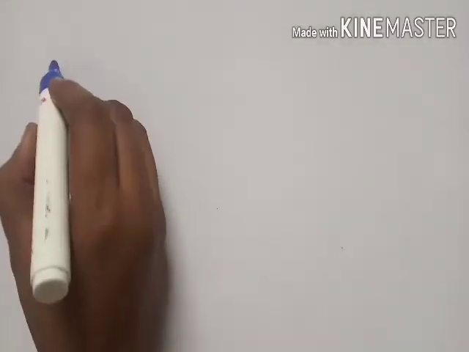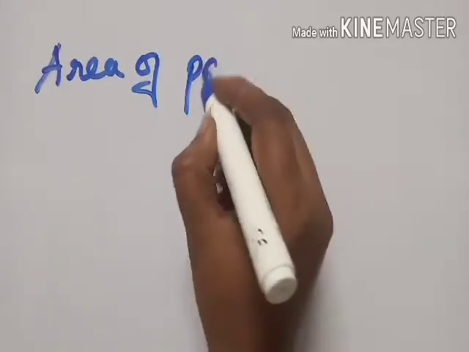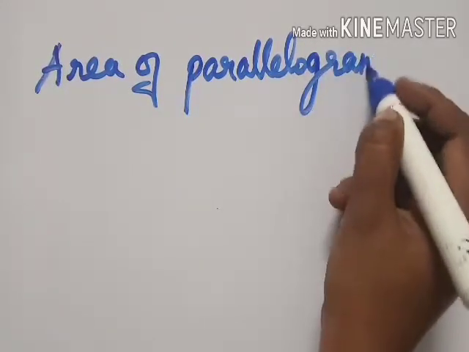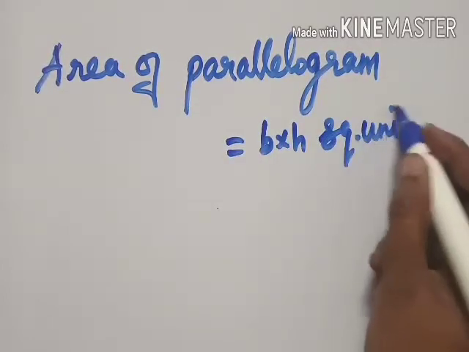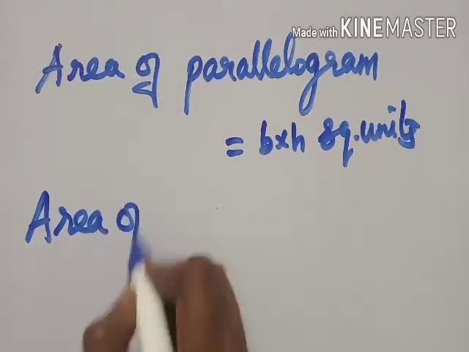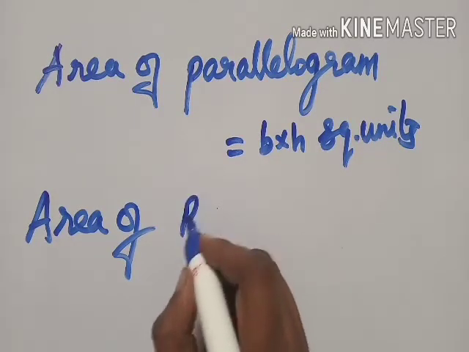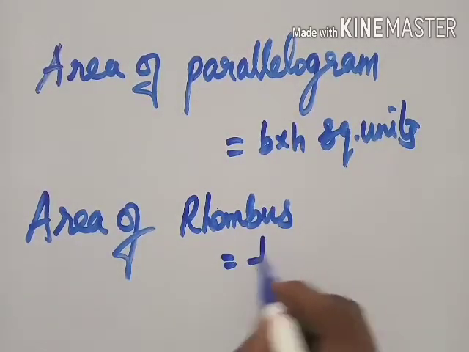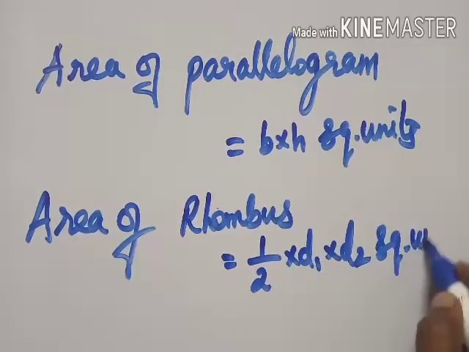Right. What is the area of parallelogram? What is the formula to find the area of parallelogram? Base into height square units. Yes. Next formula, area of rhombus is equal to half into d1 into d2 square units.